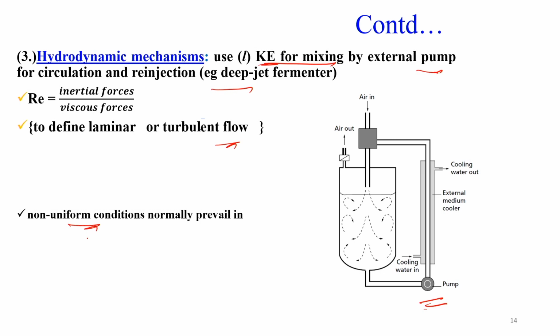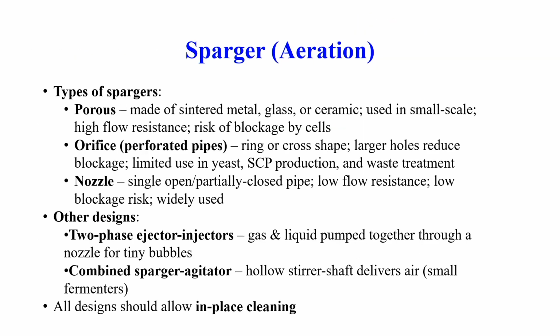Here there is a challenge: typically one ends up with non-uniform conditions because of this pumping arrangement, in vessels greater than 500 liter capacity. So, it is good for smaller vessels, but for larger scale, typically we go for the stirred tank bioreactor.